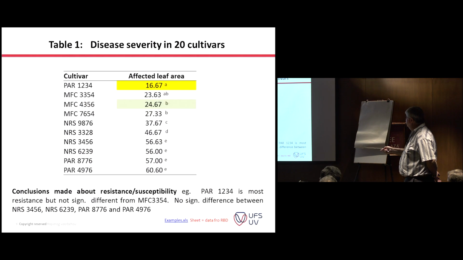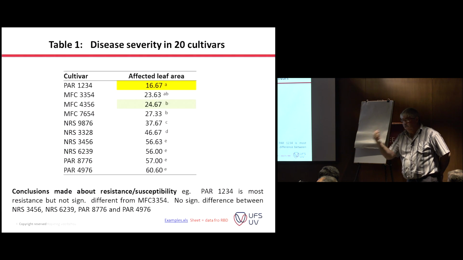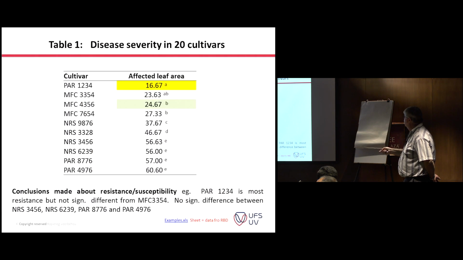So there is no significant difference between those cultivars. So for all intents and purposes, those means don't differ, even though by looking at them, it looks pretty good. But they don't differ because of the variation that is still there in the trial and the data.